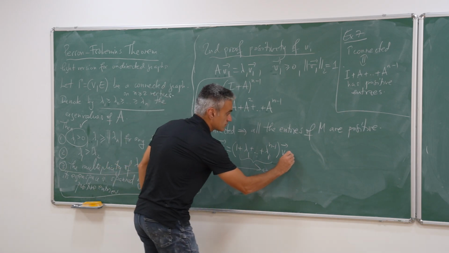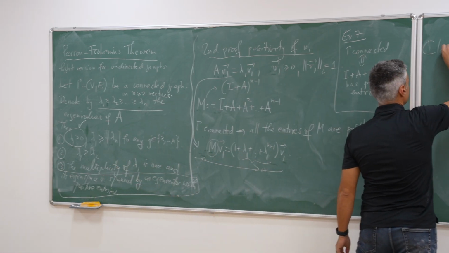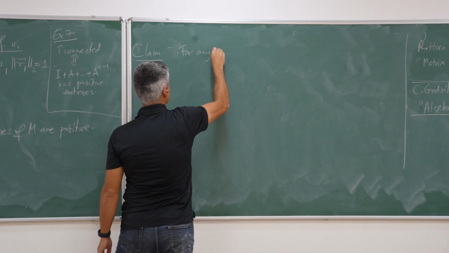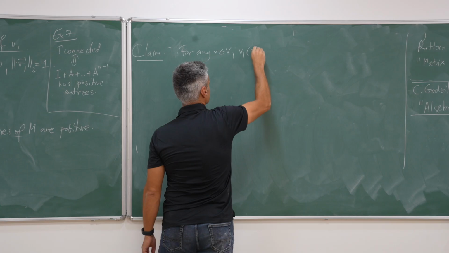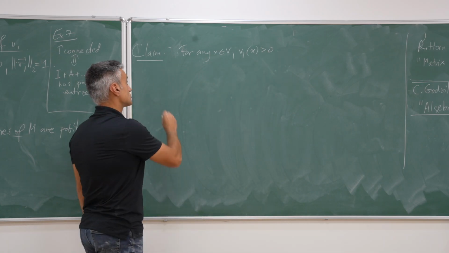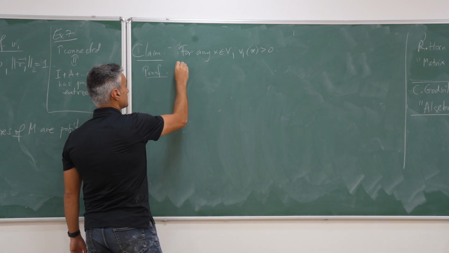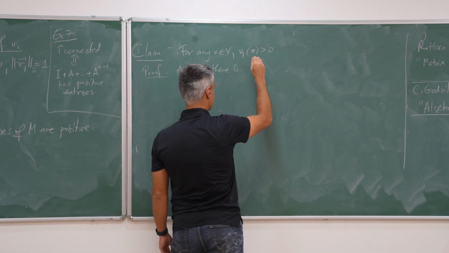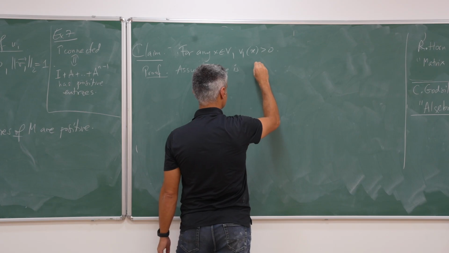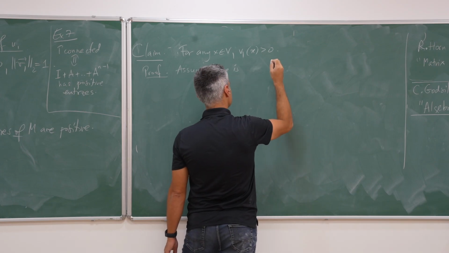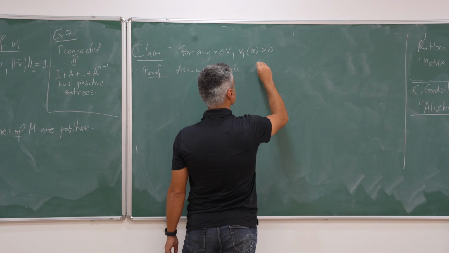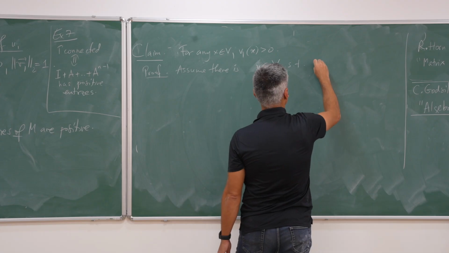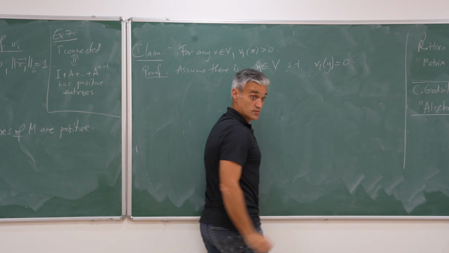so from here, let me put it here, claim, again, for any x in V, V1x is positive. Okay? So the proof is again by contradiction. So assume there is some vertex, I'll use D, no, I'll use Y in V such that V1Y is 0.